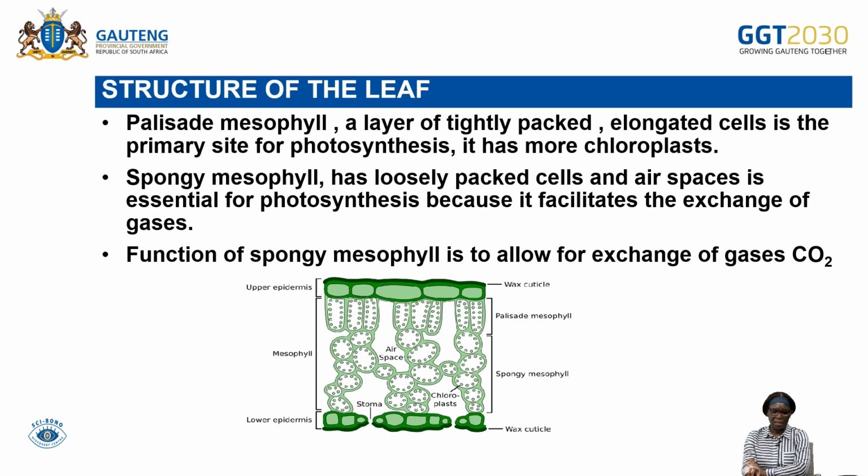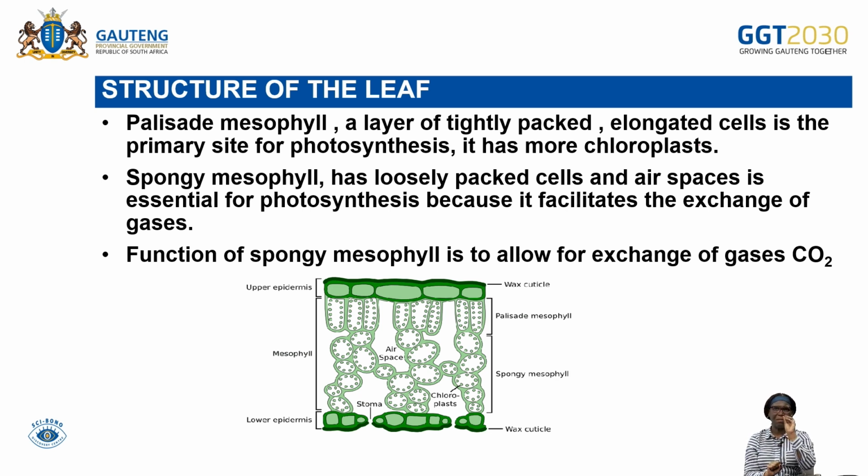So, it is very important that you understand the structure of the leaf, the cross-section of the leaf, so that you know where the process of photosynthesis is taking place the most, inside the chloroplast.